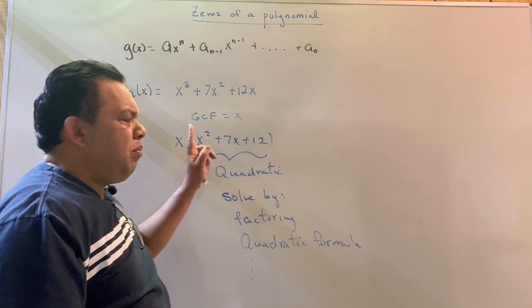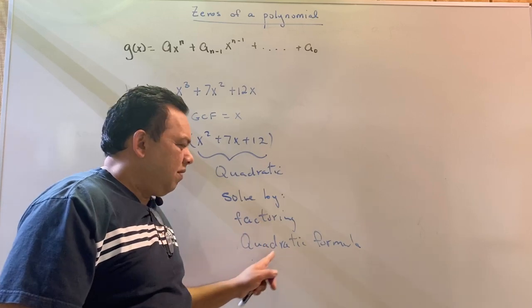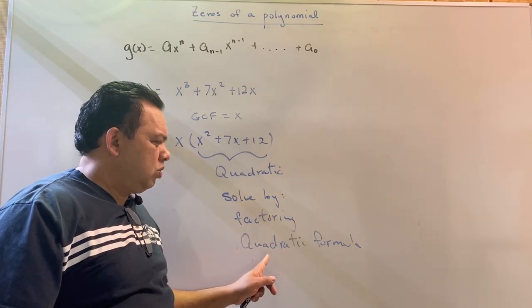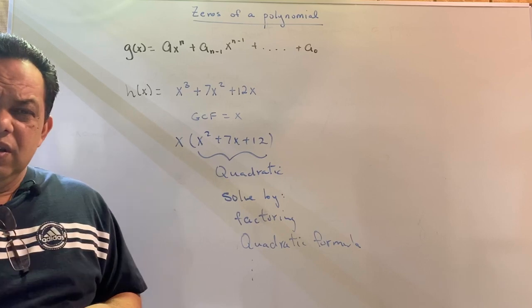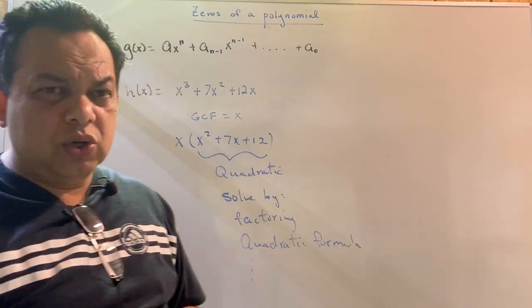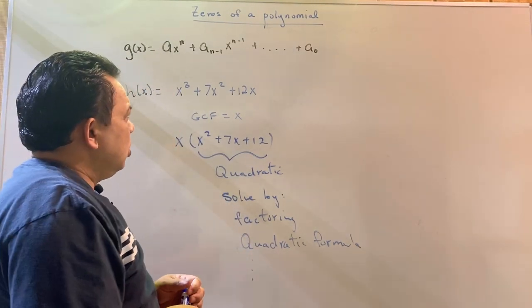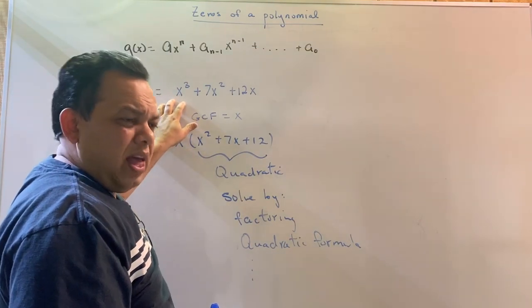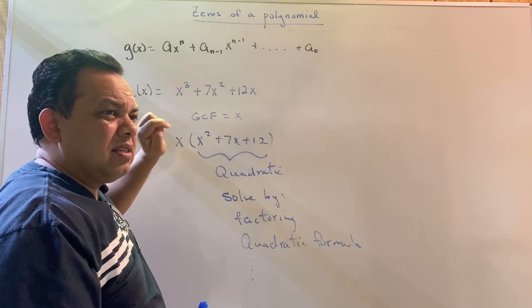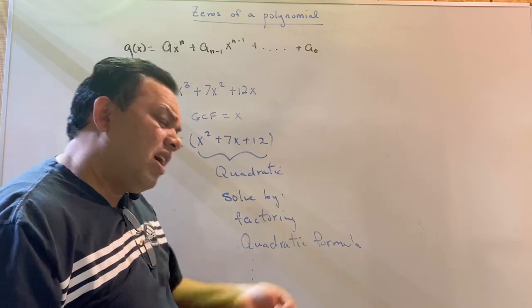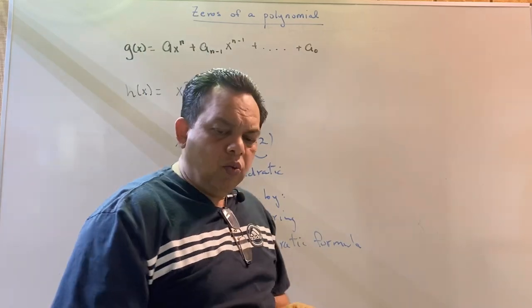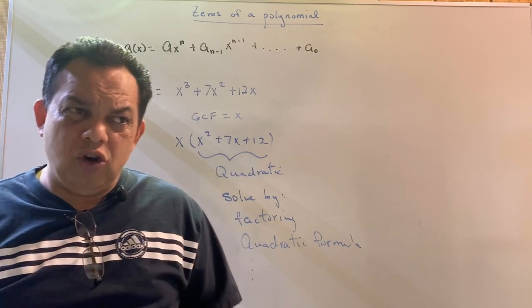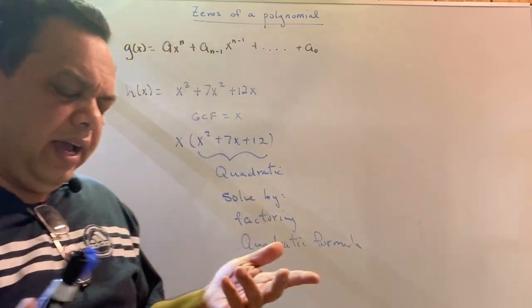But if it's a prime polynomial, then most folks out there use the quadratic formula. Okay, or completing the square will also work. So the goal is to take any given polynomial and first find the factors of the polynomial. And once we have the factors of the polynomial, we are now able to find the zeros.